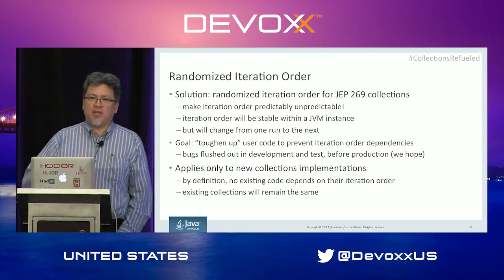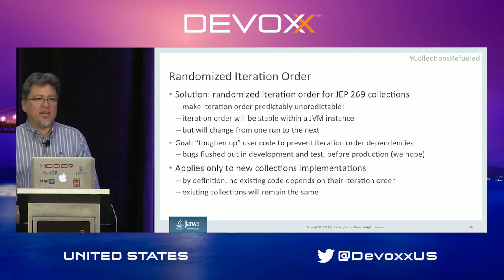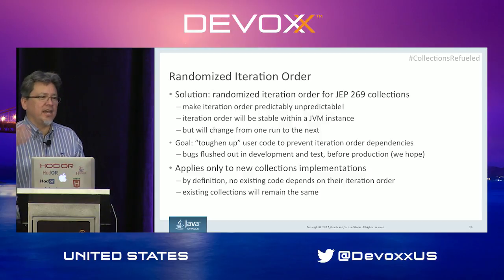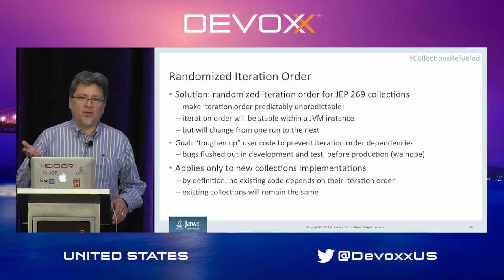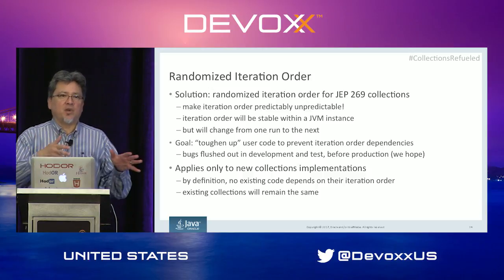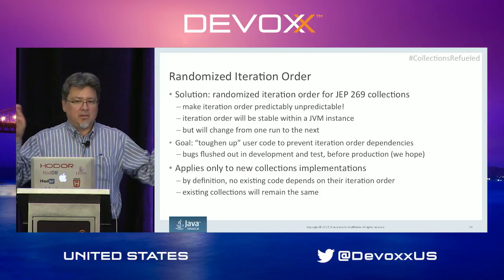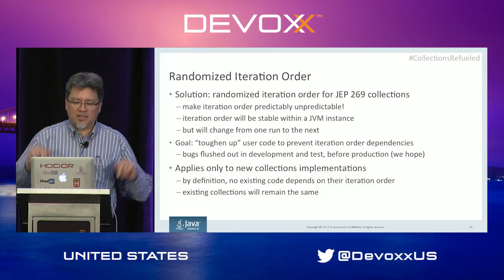The hope is that this will flush out any code that has latent dependencies on iteration order, and that those problems will be flushed out during development and testing, so that they won't come out in production.